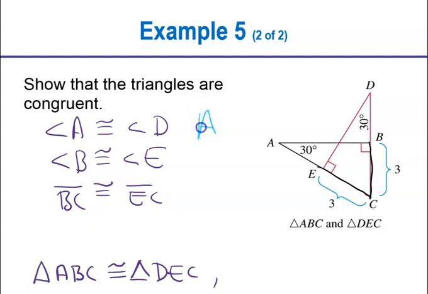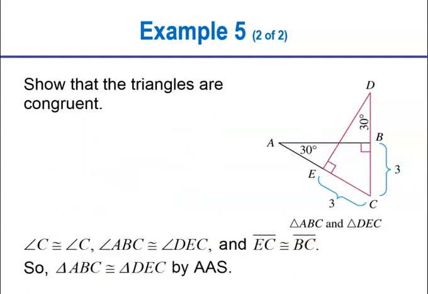That's angle, side. If you'll notice this time, the side that we knew was not between the two angles. We knew an angle, and then we knew that side. It is not the side in between. So we could say this is true by angle, side. Now, we look up at their typed up version, and you have ABC corresponds to DEC by angle, side.